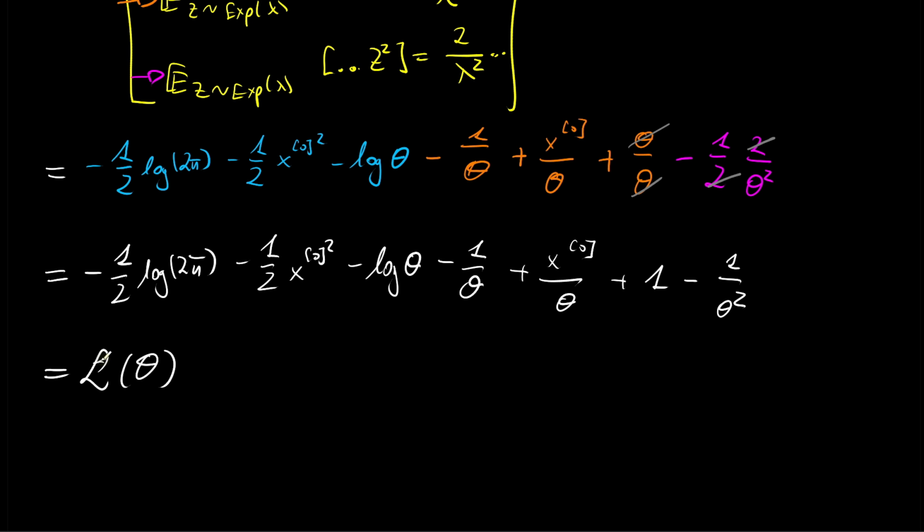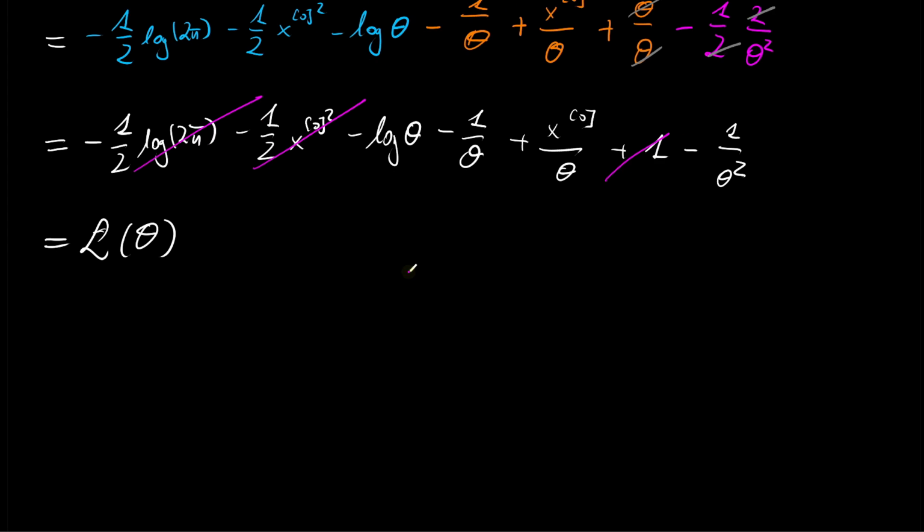And since closed form maximization is taking the derivative and setting it to 0, we can ignore all these terms which are just constant. So we can kick out that one, that one, and that one. We then get the evidence lower bound up to an additive constant.